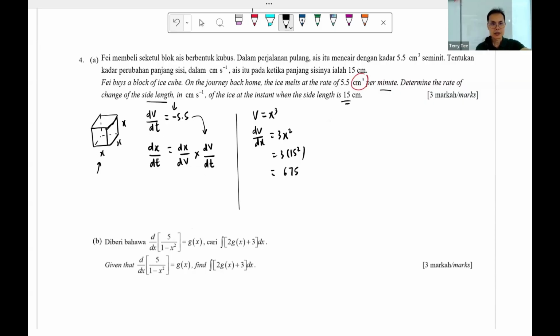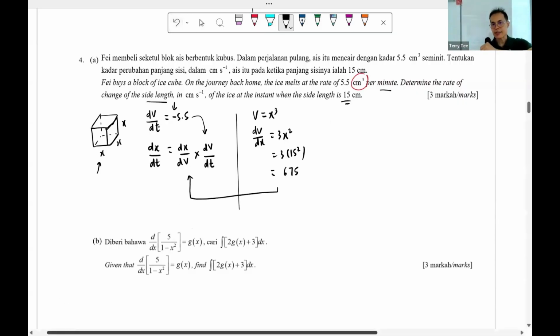Now, what are we finding? We're finding dx/dt. Can we take this and substitute? Now, understand this. When you get dV/dx equals 675, what does that mean? That means when your x value increases by 1 unit, your V value increases by 675 units.